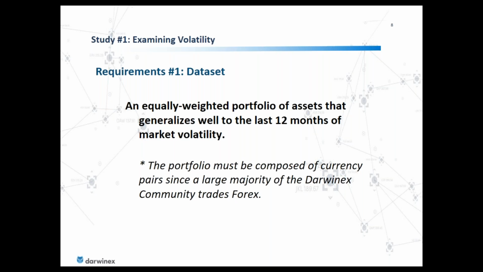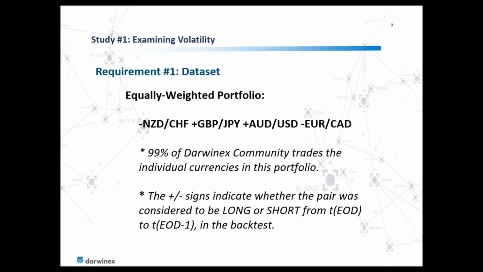And the choice of currency pairs is because the large majority of the Darwinex trading community trades foreign exchange. In terms of the composition of this equally weighted portfolio, we decided to use the NZD CHF, GBP JPY, AUD USD, and Euro CAD currency pairs. And there are two simple reasons for the choice here of these four particular currency pairs from the roughly 50-odd currency pairs available on the Darwin Exchange.